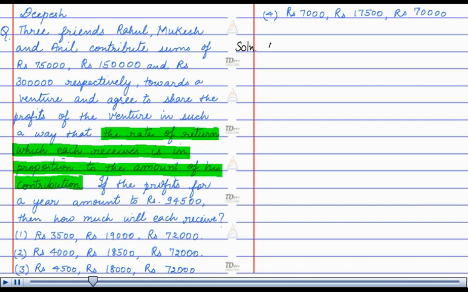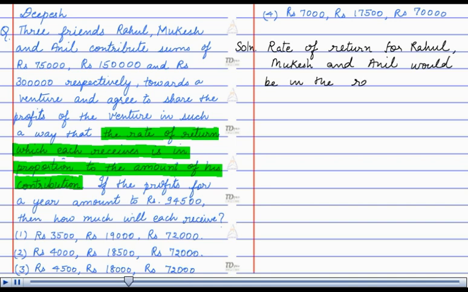Therefore, the ratio of the rates of return of Rahul, Mukesh and Anil would be in the ratio of the contribution, that is 75,000 to 1,50,000 to 3 lakhs, that is equal to 1:2:4.